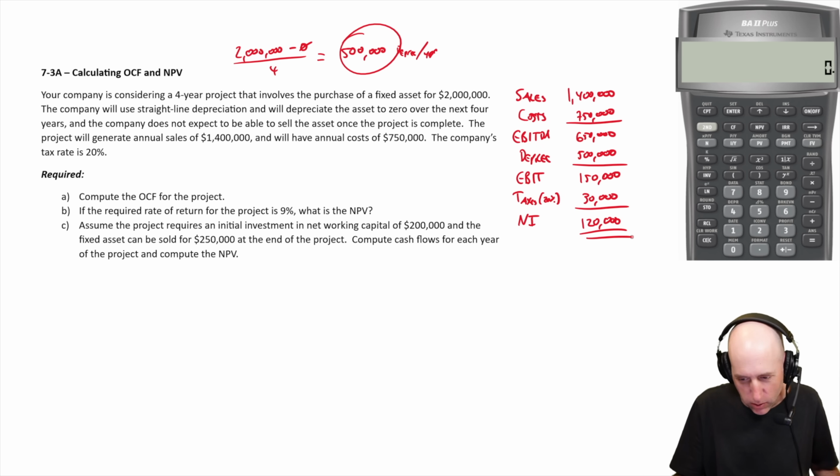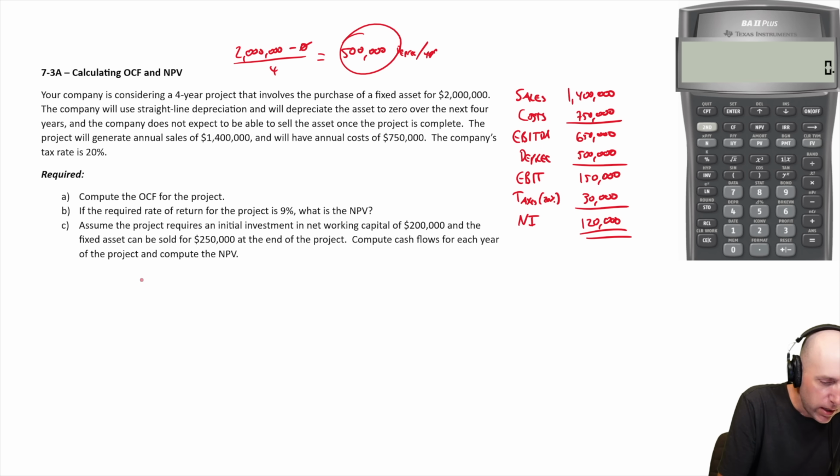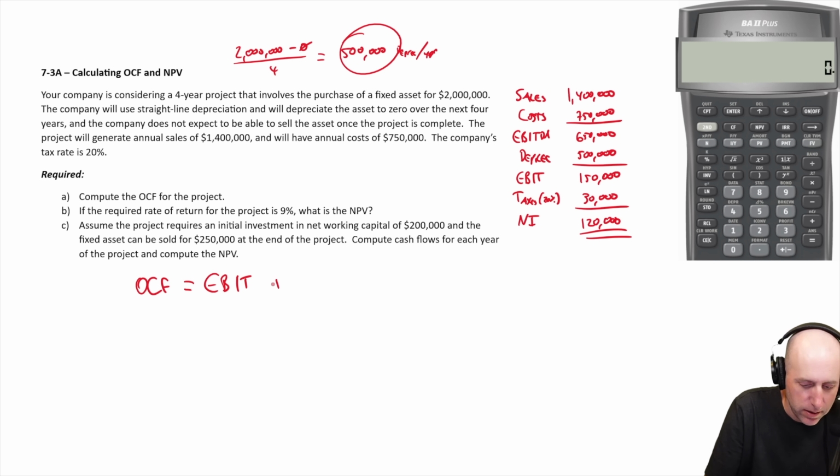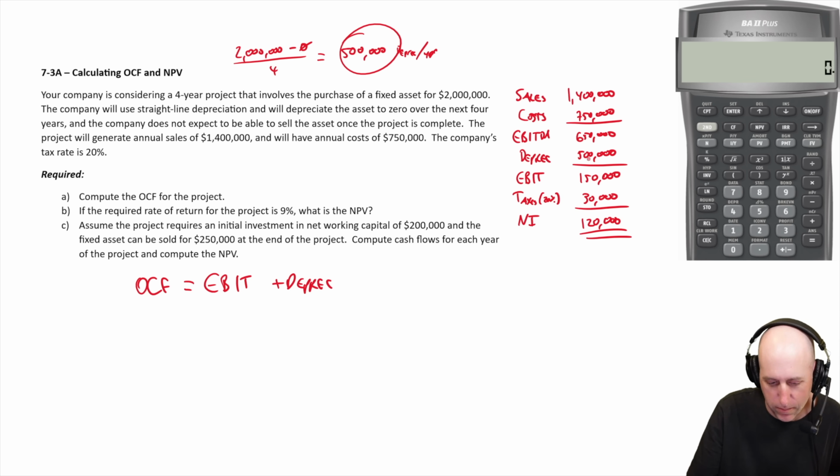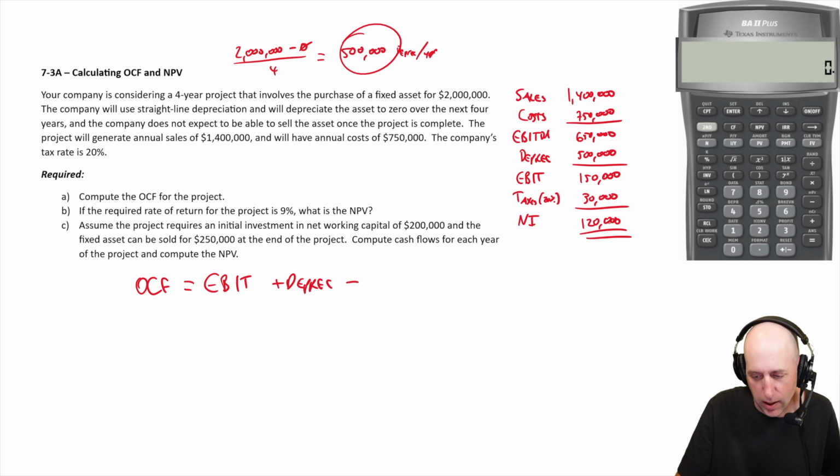So it says, what's the OCF, operating cash flow? Well, we recall OCF, the easiest way to do this, the standard way to do it: take EBIT, you add depreciation, which is of course included within EBIT, but it doesn't involve cash, and you deduct out taxes.